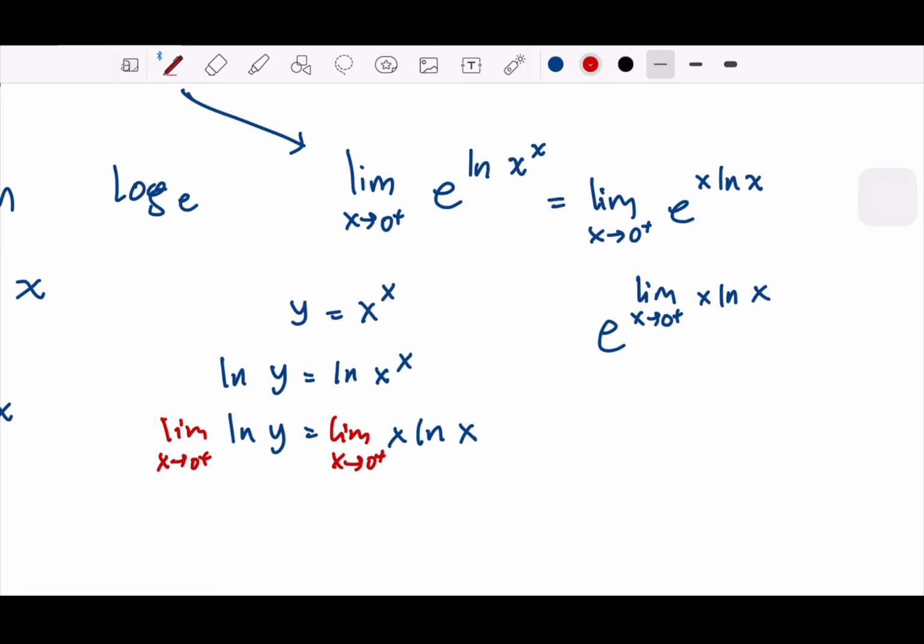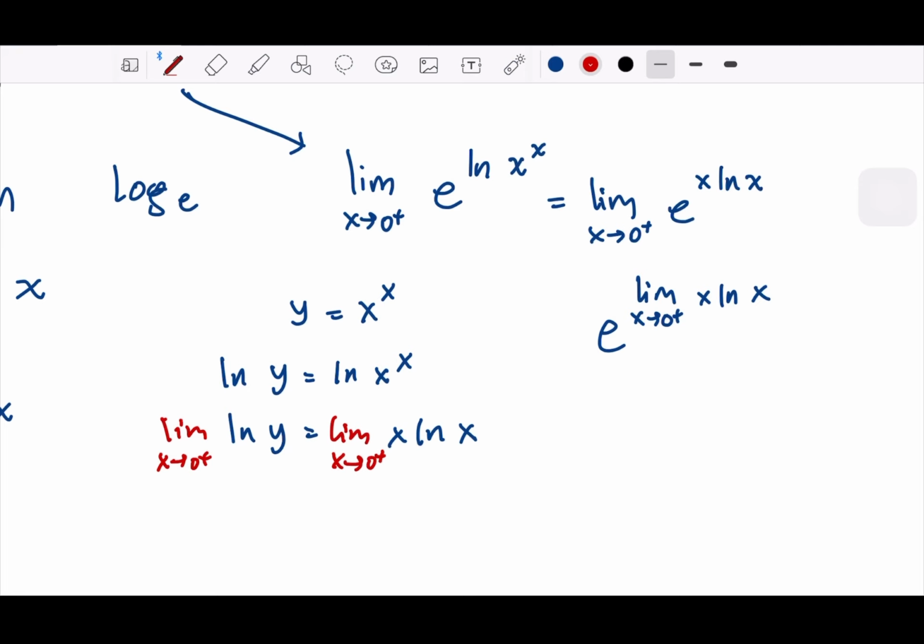And we can solve this, but remember that this result is still in ln. So we are going to have y. So we need to take again the e. But the mistake that happens on the left side is sometimes you forget to take the e.